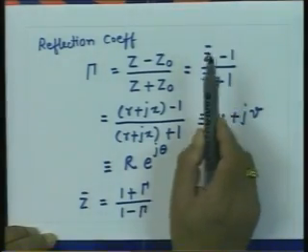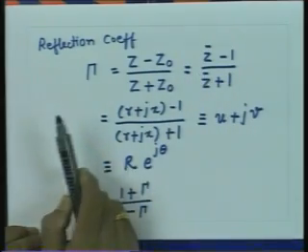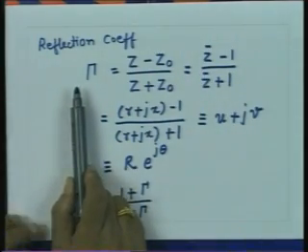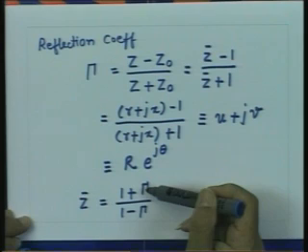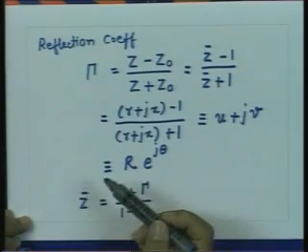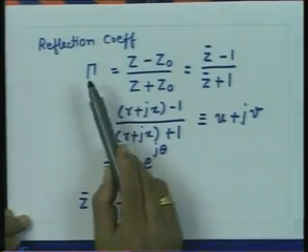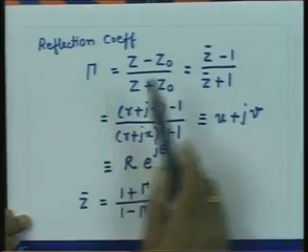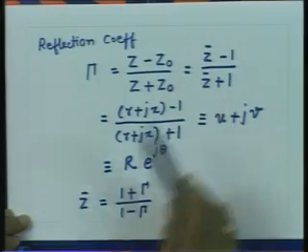So, if I know the normalized impedance, I can uniquely get the reflection coefficient, and if I know the complex reflection coefficient, I can uniquely find the corresponding impedance. So, this transformation between the reflection coefficient and the normalized impedance is a one-to-one transformation.